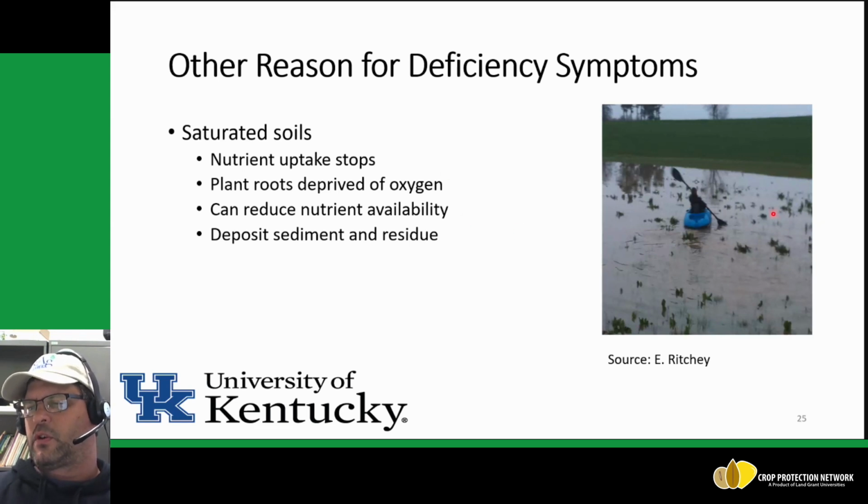Anytime you can scout your wheat field in a canoe, you're probably going to have some issues. So this might show nitrogen deficiency, potash deficiency, phosphorus deficiency. Well, actually, it's oxygen deficiency, and the plant's just not able to take up the nutrients. So that's something to consider.